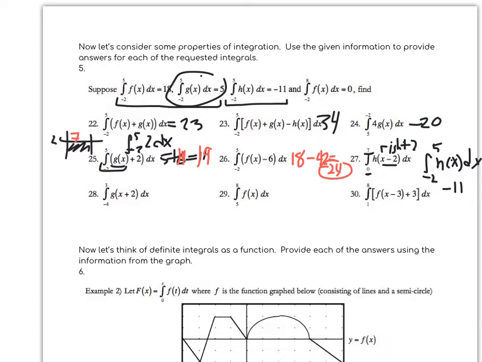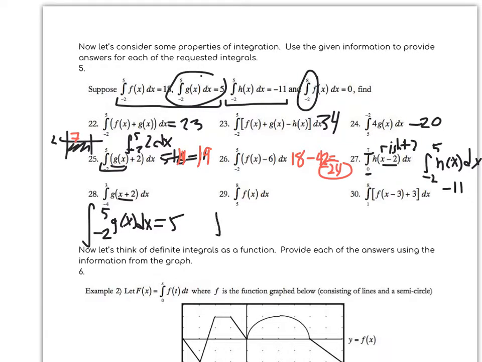We can do the same thing here. This would be to the left 2, so this is to the left 2 of where it should be. That would take us to negative 2 to 5, bada bing, of g of x dx, which is the same thing as 5 to 8 of f of x dx. So we know 2 to 8.